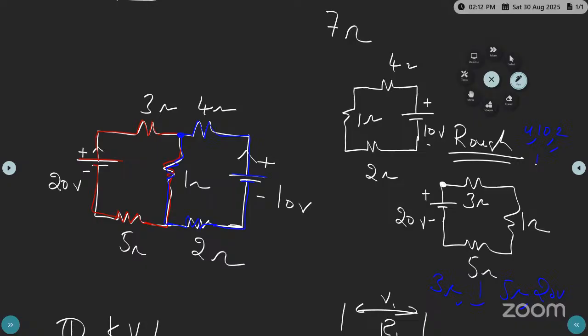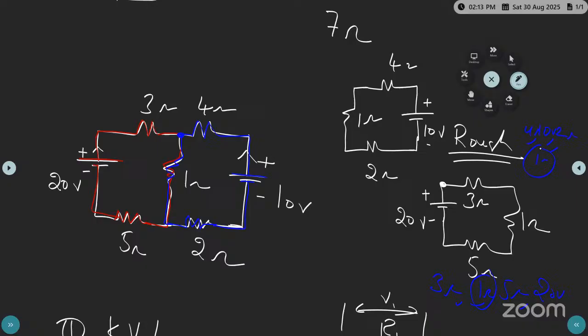Write down its units, it is only rough. By seeing this also, there is a common 1 ohm. So the 1 ohm resistor is the element which is available for loop 1 and loop 2. So you are able to identify the common element.